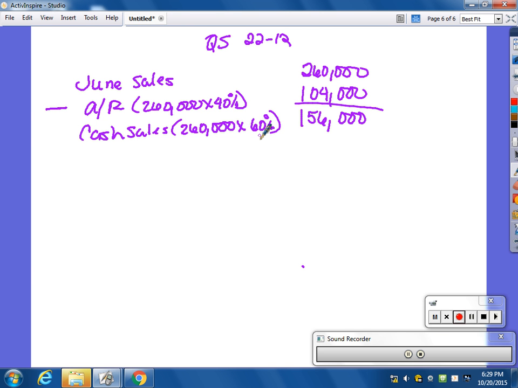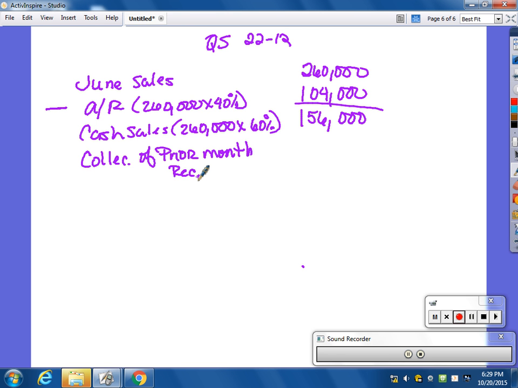Okay, so collections of prior month, which is how much? You going to go with the same percentage? Well, what do you have to work with?